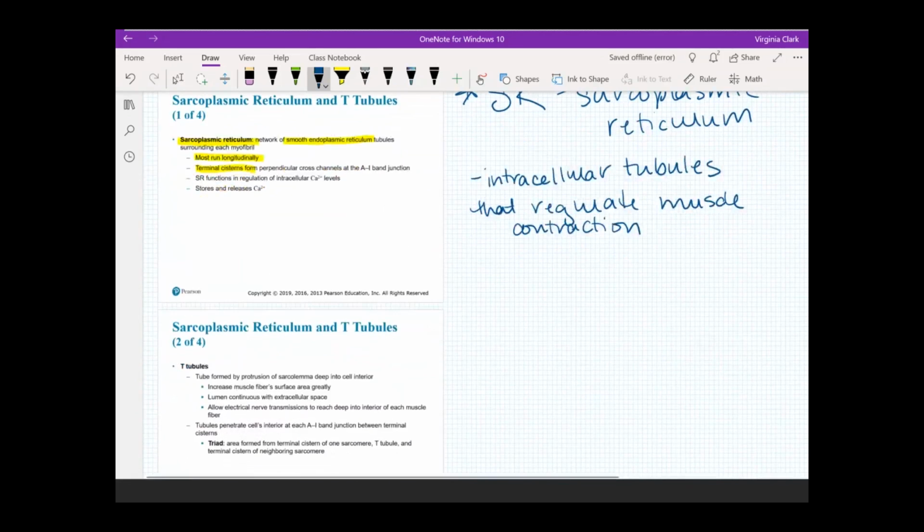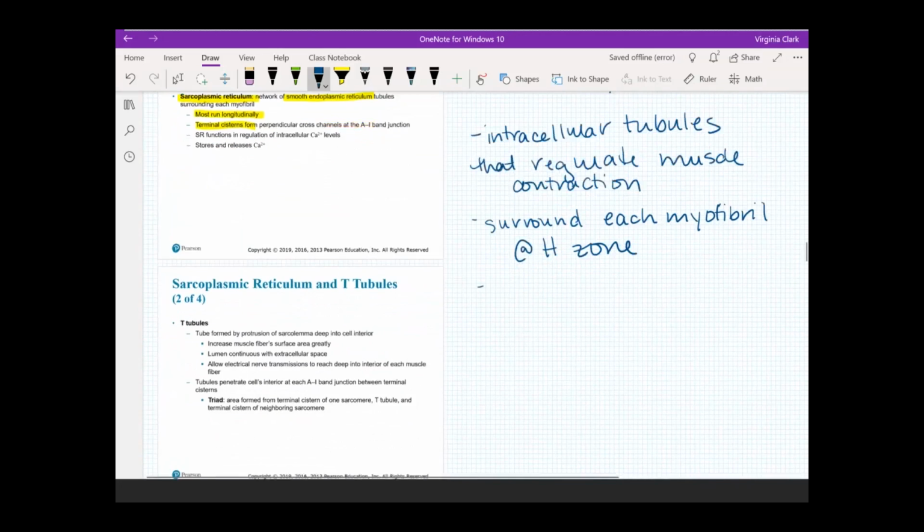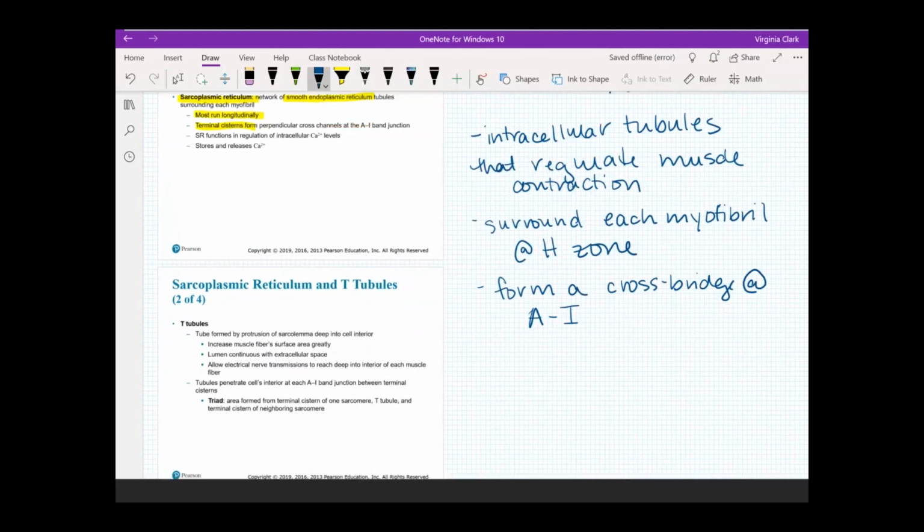So these are going to surround each myofibril, and they're going to surround each myofibril at the H zone. So in a nutshell, a better way to think about it is they're going to form a cross bridge at the I and A band junction.